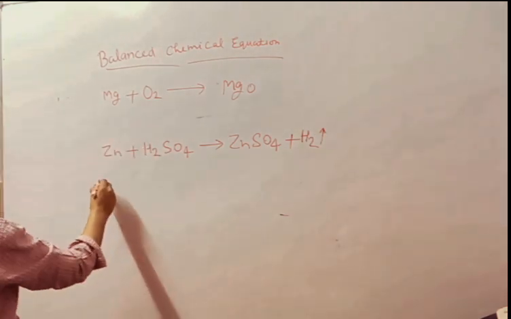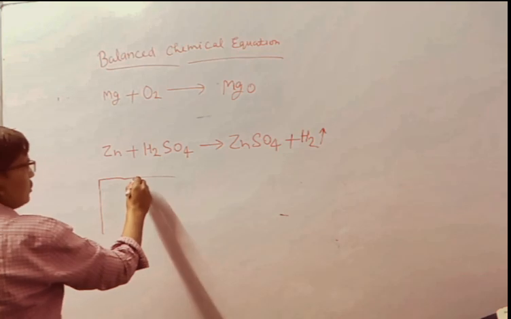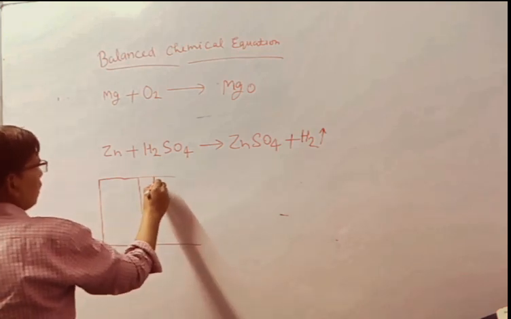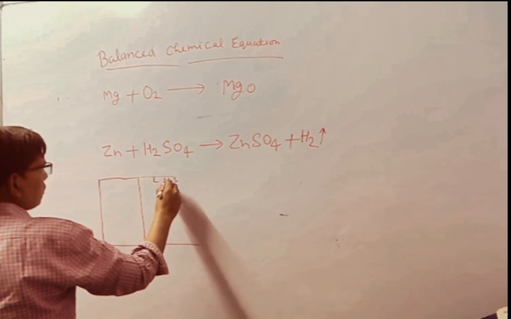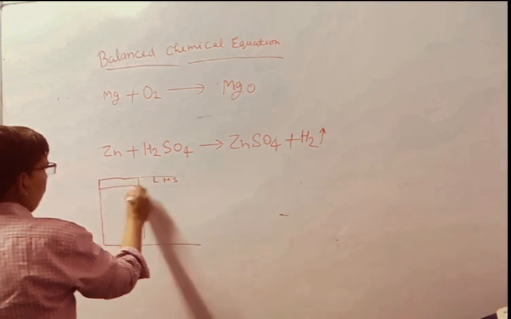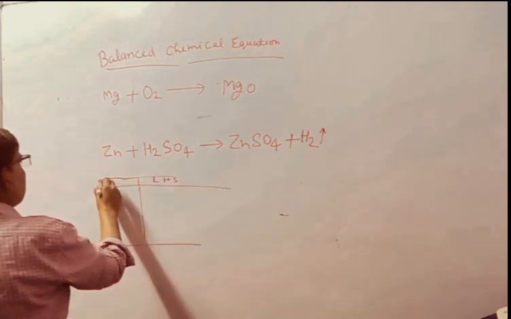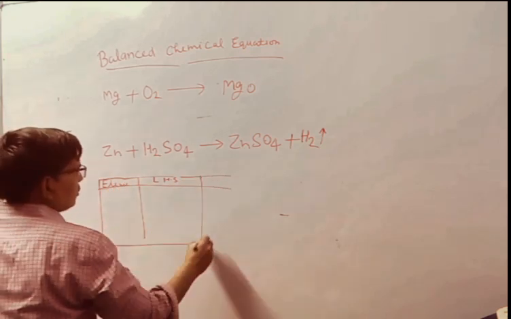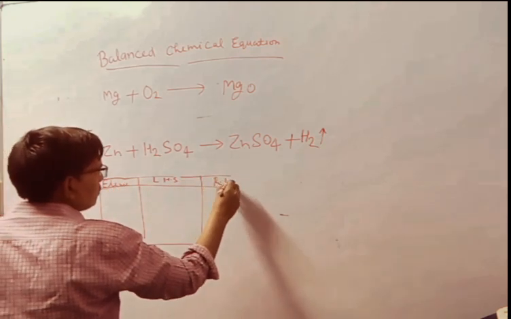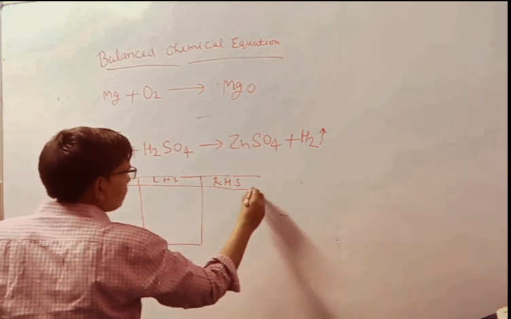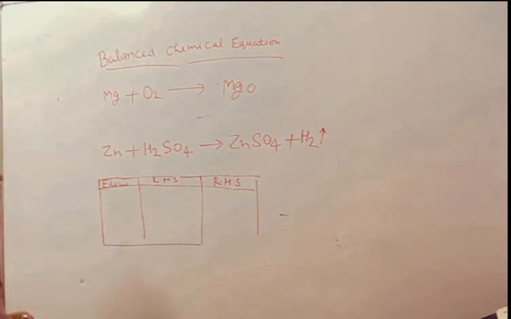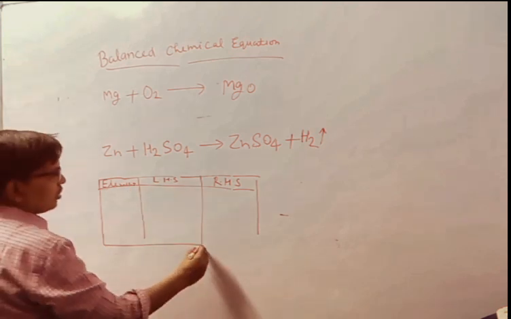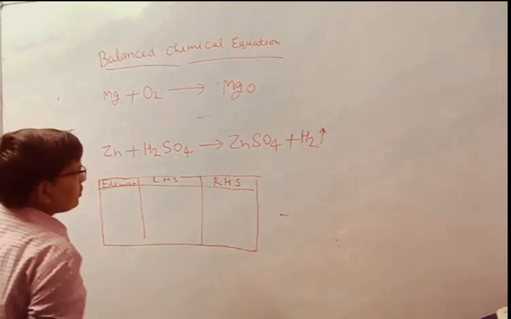Firstly, we note down the elements at the left hand side, then the right hand side, and the numbers of the elements on the left hand side and the right hand side.